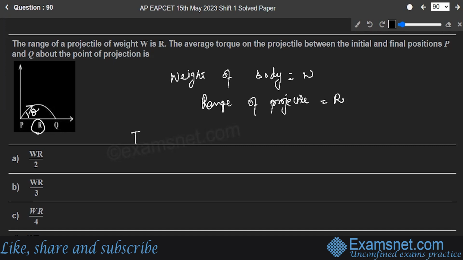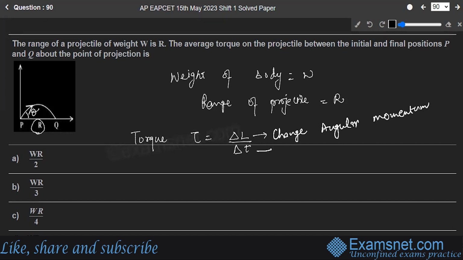So torque is given by delta L upon delta T, where delta L is the change in angular momentum, and this is with respect to time.